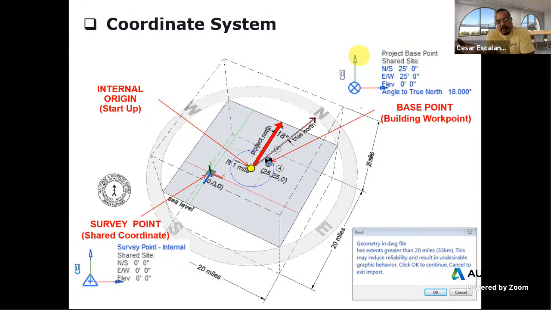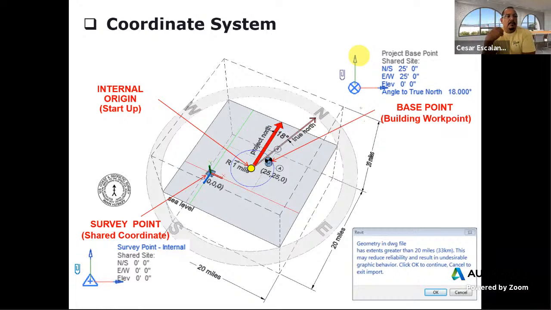For the most part, the project base point is placed at the intersection of two grid lines, usually the lower left side or the upper right side, and the other value of the project base point is that it indicates an alternate level elevation.